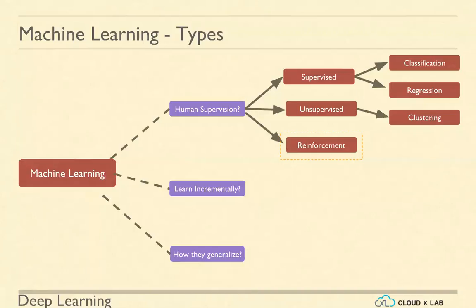The example we are going to do as part of this course in reinforcement learning is based on the classic example of a cart with a pole standing on it, and you have to balance the pole on the cart by moving the cart. If the pole is falling to the right, you have to move the cart to the right. If the pole is falling to the left, you have to move the cart to the left.